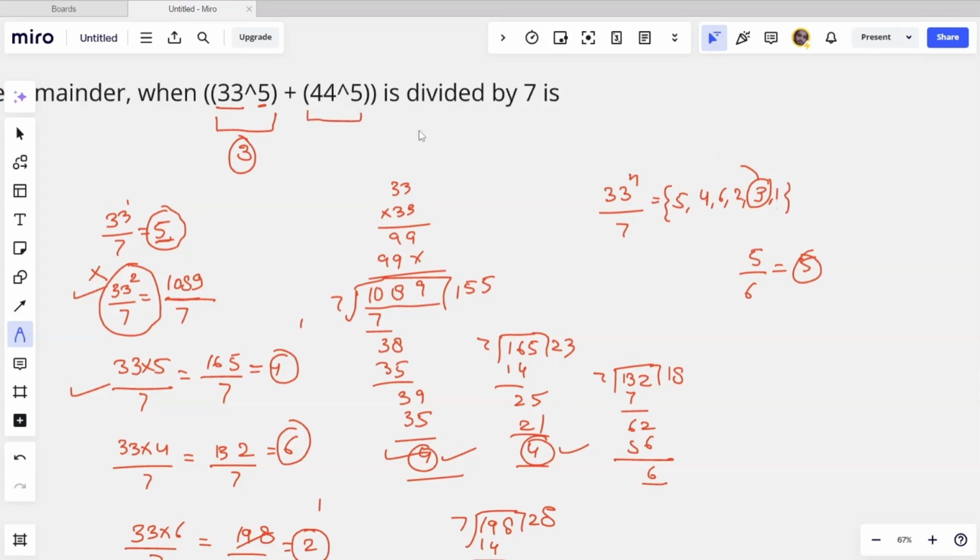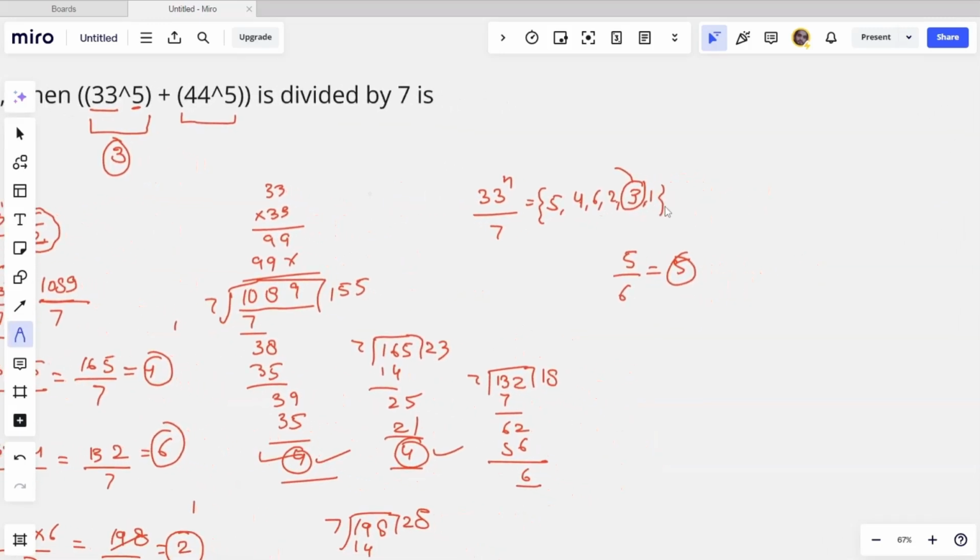Now let's try to solve this also. So 44 divided by 7, what will it mean? 44 divided by 7, 44 raised to the power 1. So the remainder is 2. And if we calculate 44 square by 7, it will be a large number.